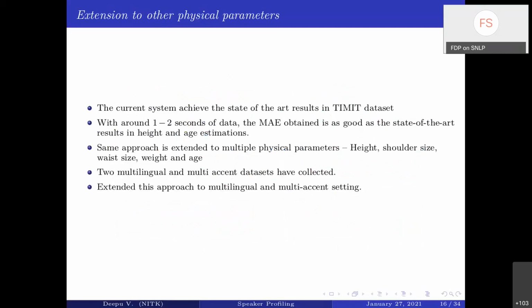So far we talked about a limited data set, and we said around 2 to 3 seconds of data can give reasonable, state of the art results in height and age estimation.